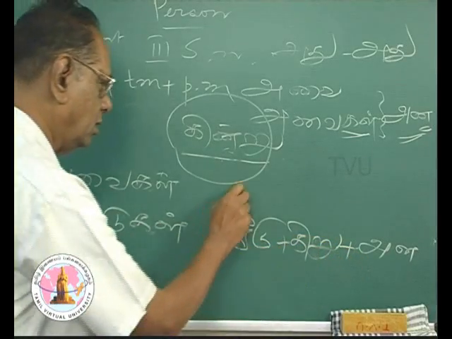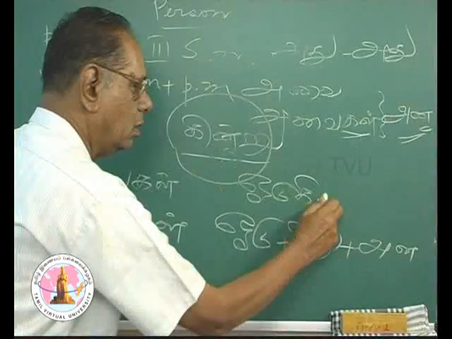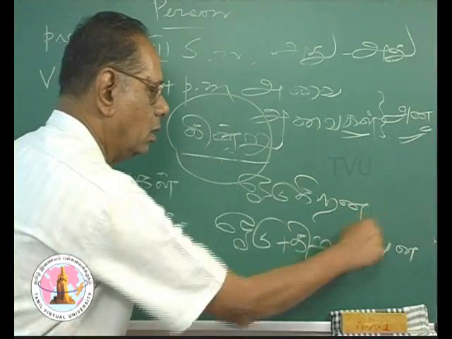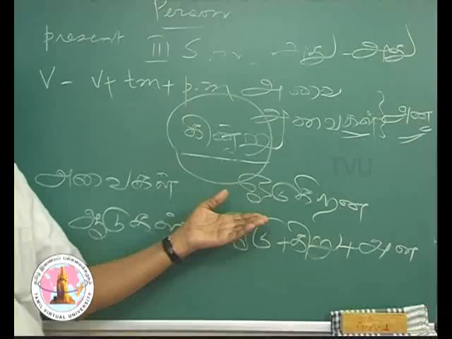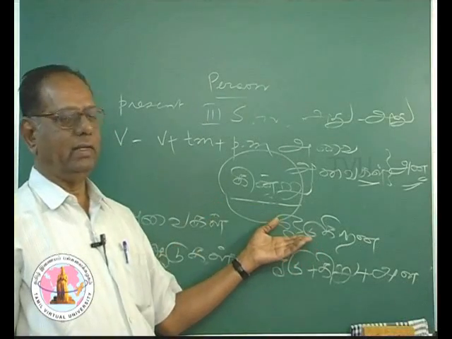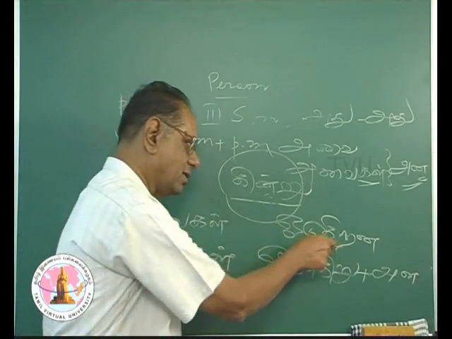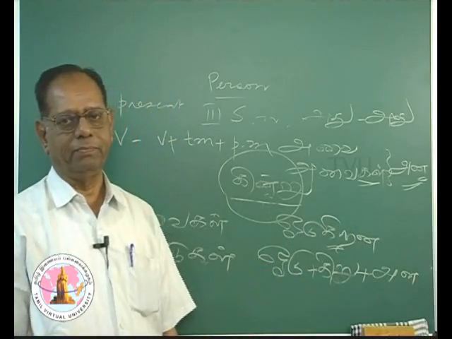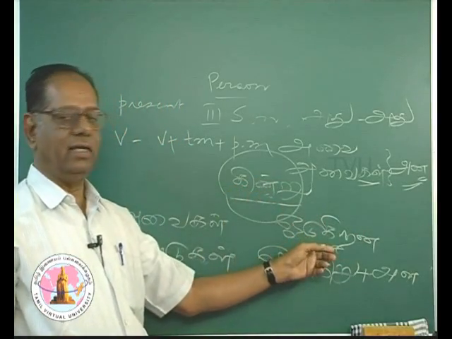Put together, this should be odugirana. Somehow, the earlier grammarians felt that this lacked something, and it will be better if kindru is added here.